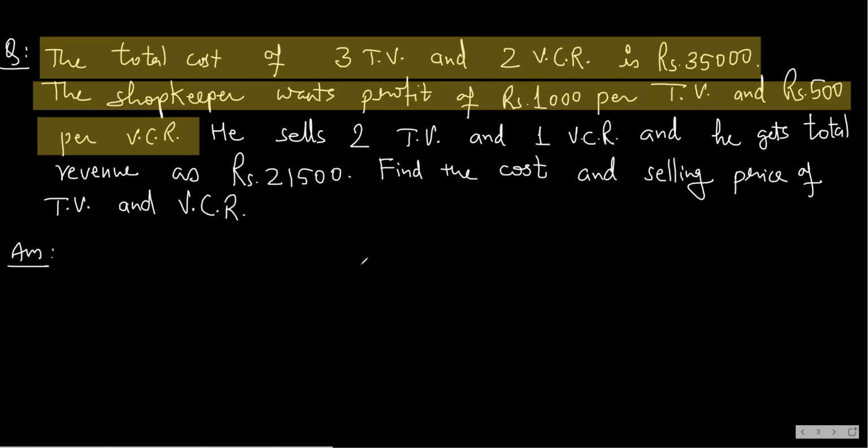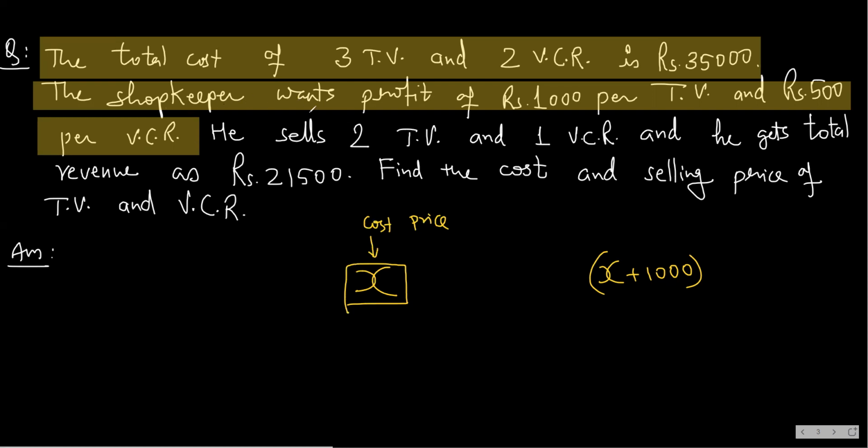So if he is buying, say for rupees X, this is the cost price of TV. And what will be the selling price? The selling price will be X plus 1,000 rupees, because the shopkeeper wants 1,000 rupees as a profit. So he will add 1,000 rupees to this price and then sell in the market.